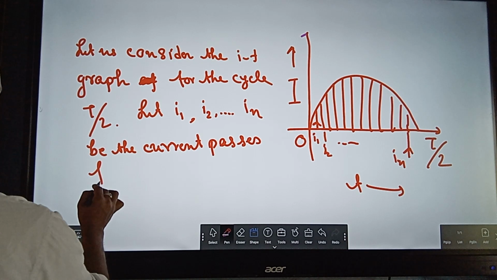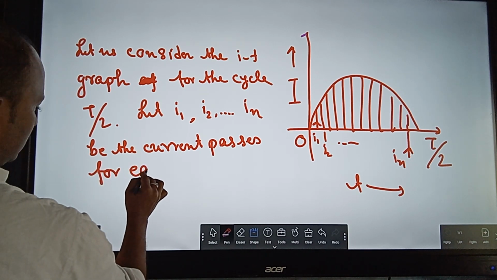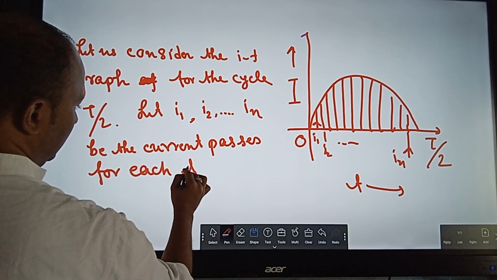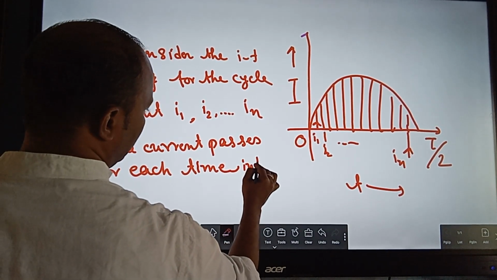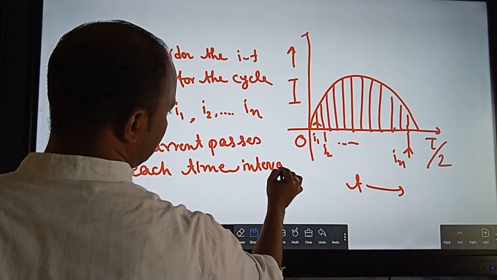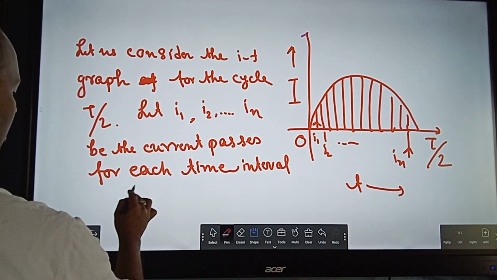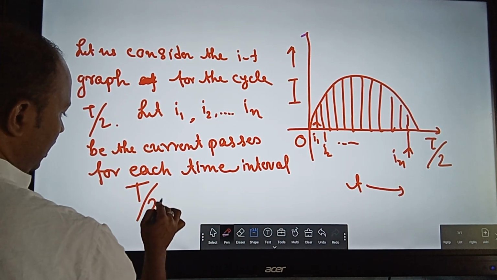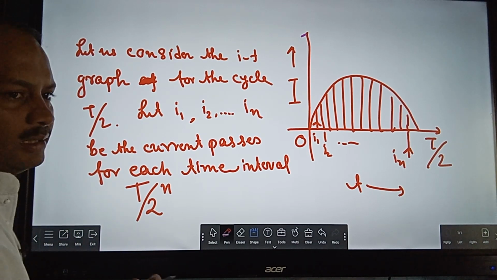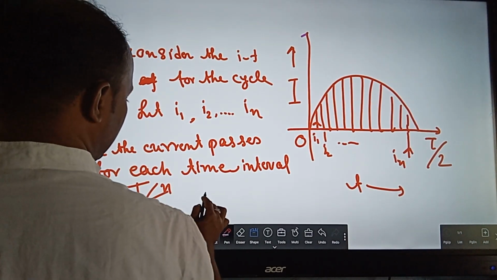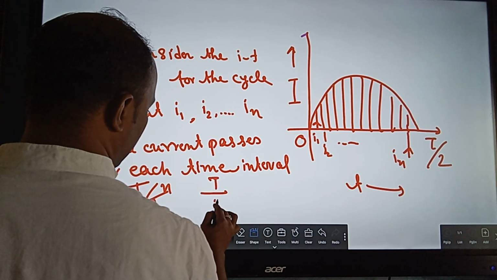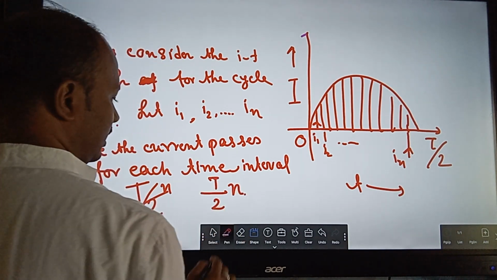The time interval is T/2n. For a time interval, we can write this as T/2 divided by n.